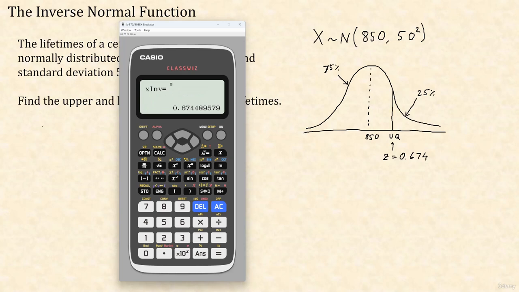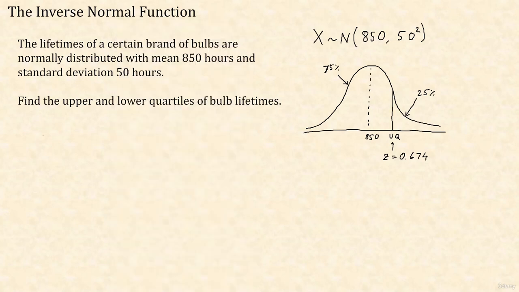Okay, so what we can do then is say that if our Z value is 0.674, we know that the Z value is equal to the X value, which is our upper quartile, minus the mean, divided by the standard deviation.